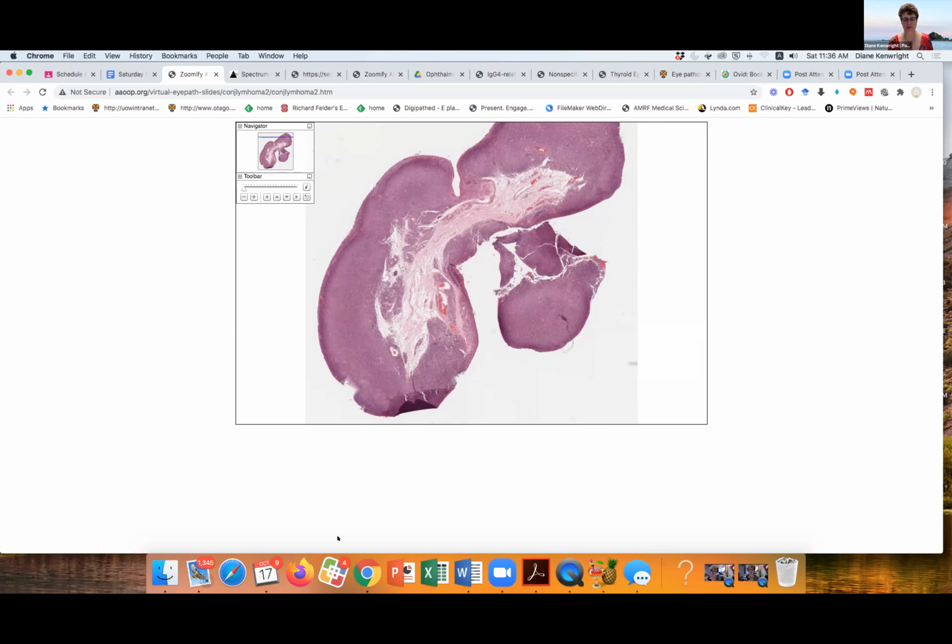Shall I look it up? Yeah, we can look it up. Or Lucy, you can look it up for us. I've got it here. MALT should be CD5 positive and BCL2 very positive and cyclin D. There we go.